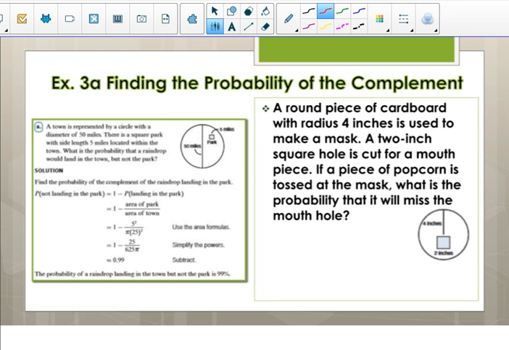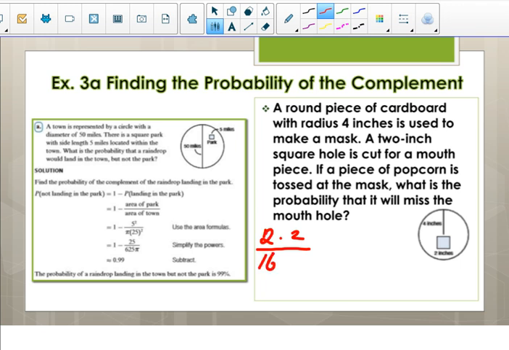So here, let's find out the probability of it landing in the mouthpiece. So first off, we need the area of the square. So we have 2 times 2 divided by the area of the circle. And the area of the circle has a radius of 4, so it'd be 4 squared, which would be 16.